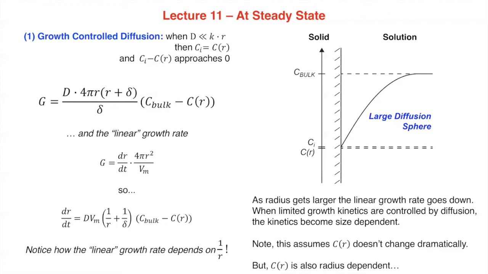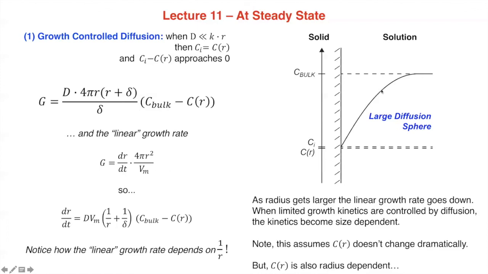Okay, so under those conditions, you end up with a situation like this where the monomer concentration drops and drops and drops until it reaches the solubility of the crystal. So the Ci comes all the way down to the solubility. Ci cannot drop below that value. In essence, this crystal is in equilibrium with the solute concentration right at its surface.